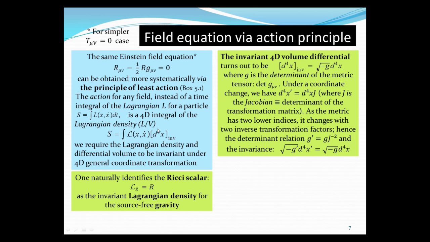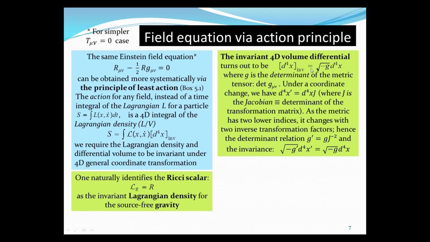Now the tricky part for us is the invariant four-volume differential. It's not just d4x, not just dx0, dx1, dx2. Rather, it's the four-dimensional volume multiplied by the square root of minus the determinant of the metric, where g is the determinant of the metric.